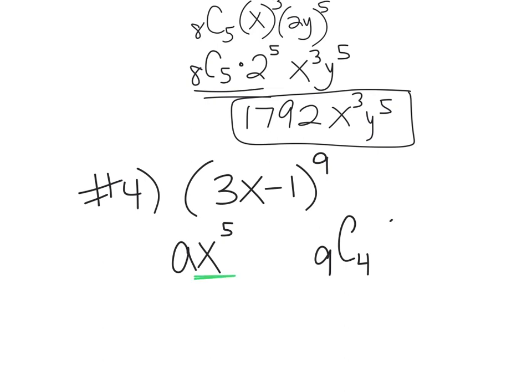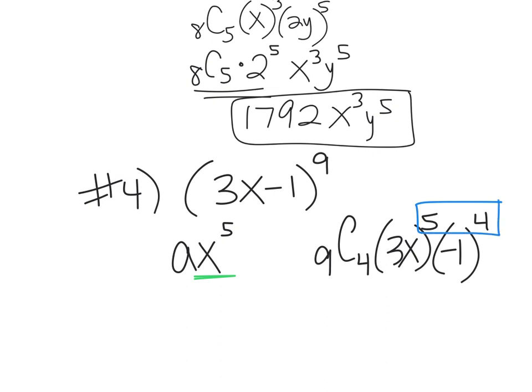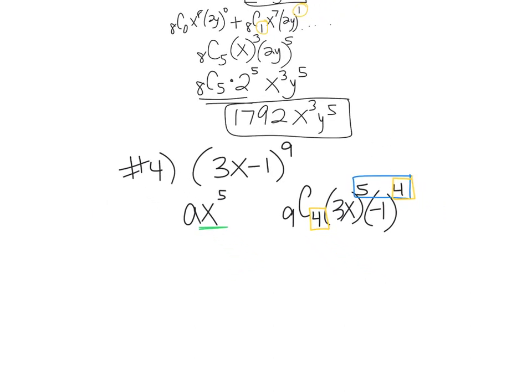It's going to be that 3x is to the 5th, and negative 1 is to the 4th. These two have to add up to 9, and the second number will be the second number here. So now we've got to figure out what all of that is.